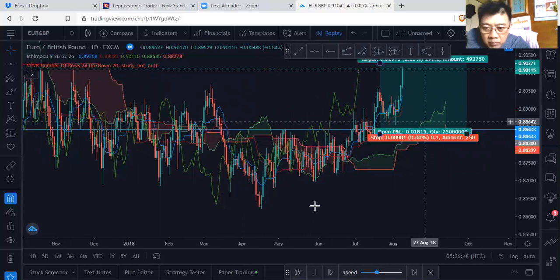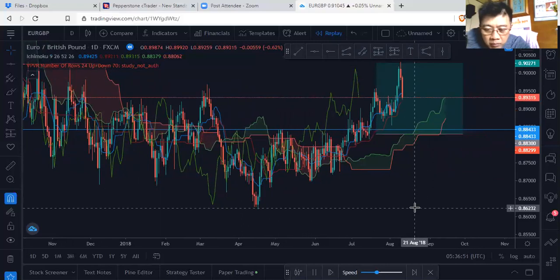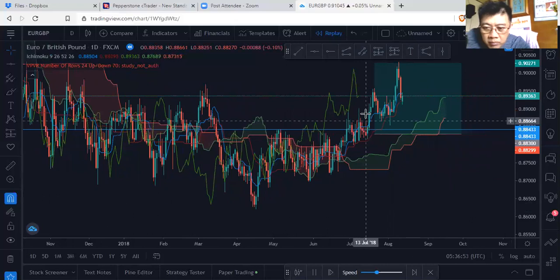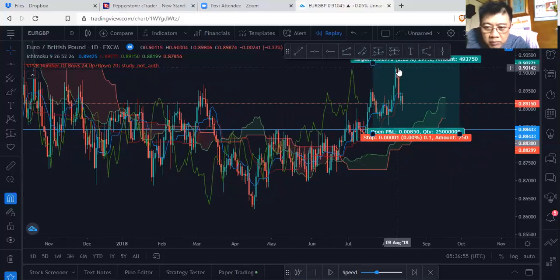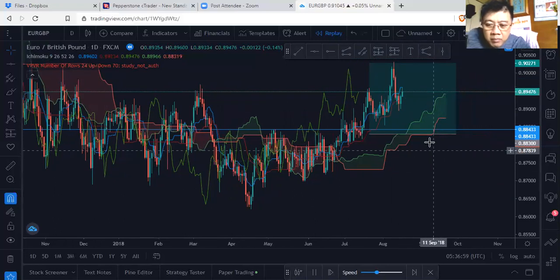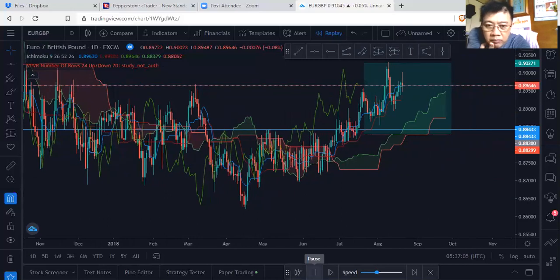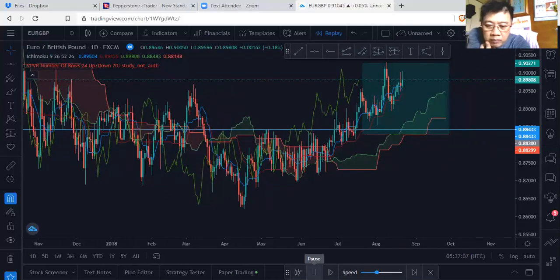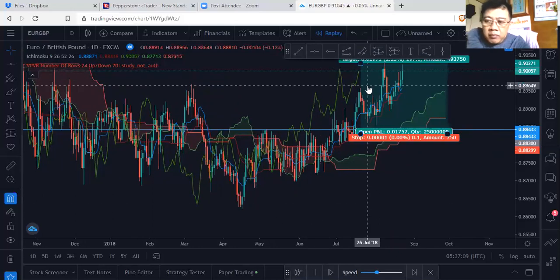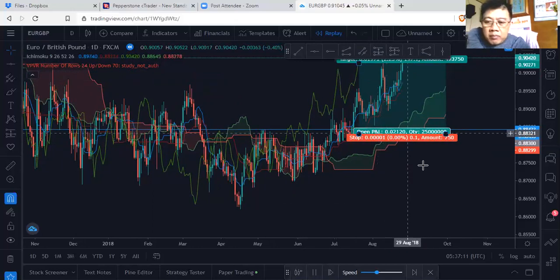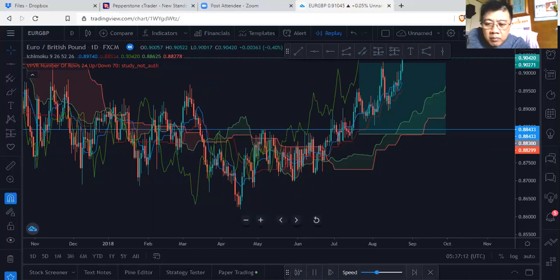See that? Another winner. 1 to 3. Take profit supposedly on top. I'm going to take profit. But Chikou is still up, so I can still hold. Let me stop it.